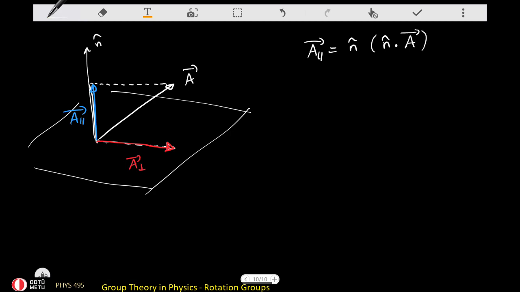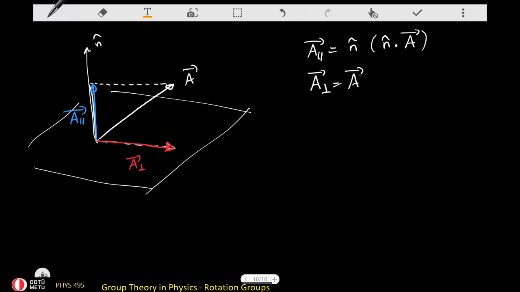These kinds of expressions are valid even when A is a complex vector, but for the purposes of this discussion, you just assume that this is a real quantity. So what is A perp? Well, A perp is basically the rest.